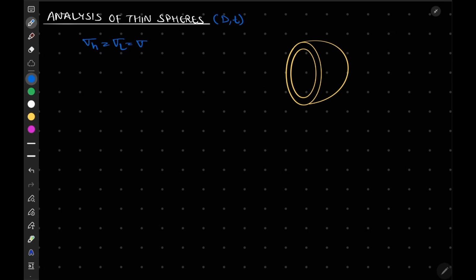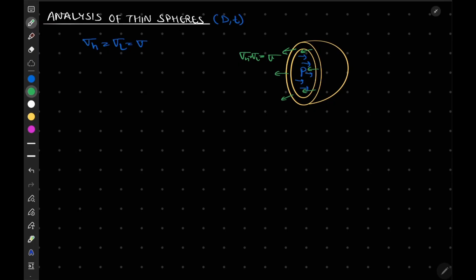Of course here pressure P will be acting, and stress sigma will be acting along the circumference.